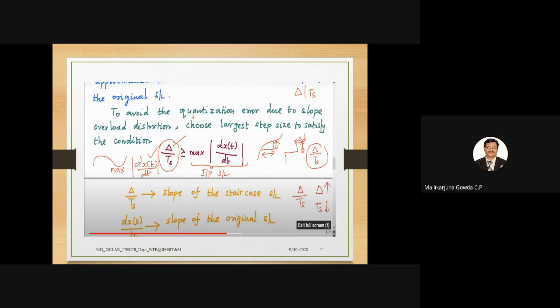So delta by Ts, the slope of the staircase signal, should be greater than the slope of the input signal. That's what I mean to say. Any questions? No, sir.